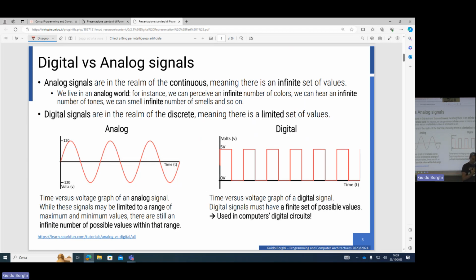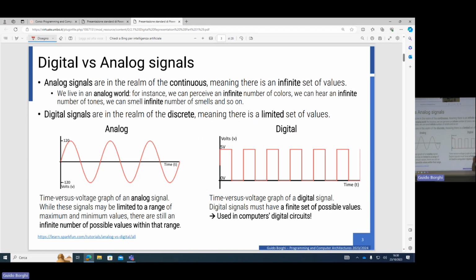In our life, we live in an analog world, since we can perceive an infinite number of colors through our eyes. We can hear an infinite number of tones. We can smell an infinite number of smells, and so on. So in our daily life, we live in the analog world.